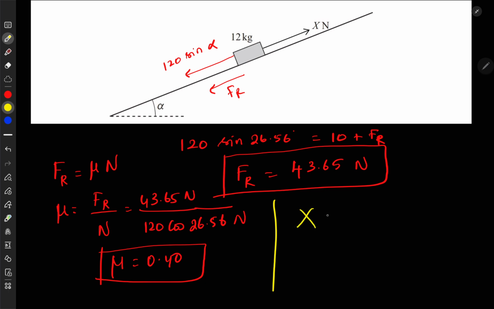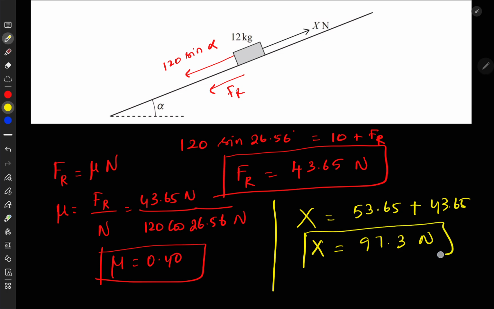X is equal to 120 sine alpha, which is 53.65, plus Fr, which is 43.65. Let me calculate it. We'll be getting around 97.3 newtons. So that will be the answer for X.